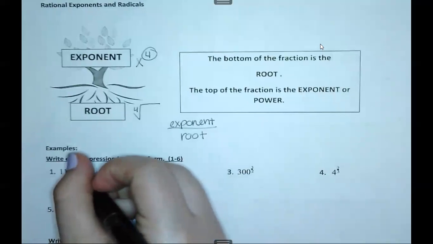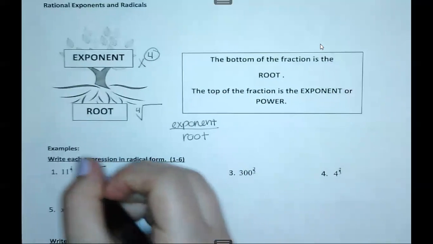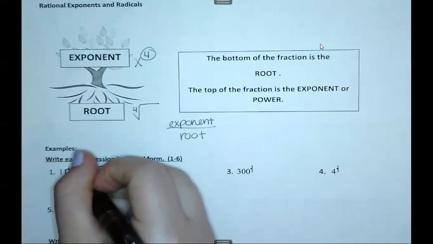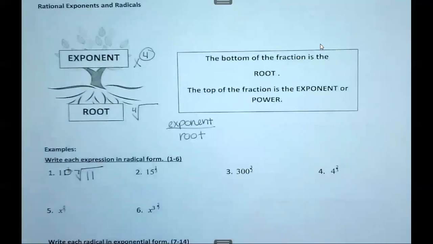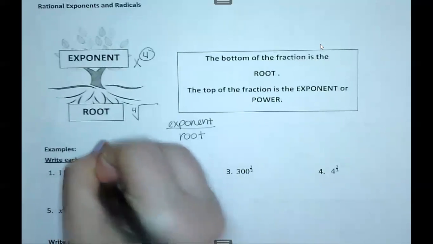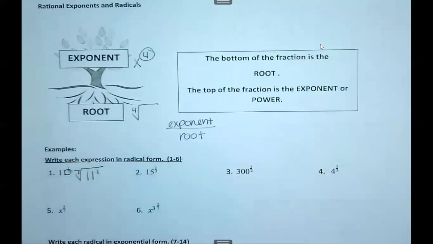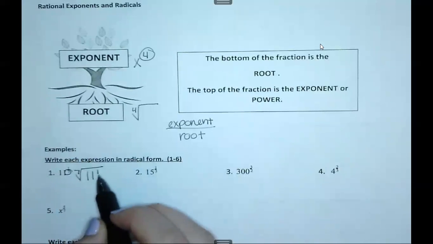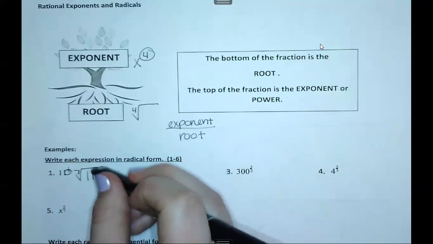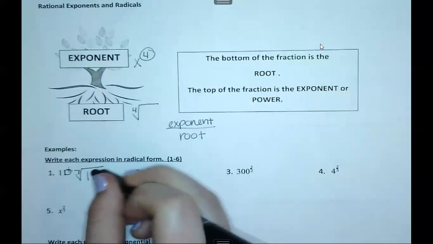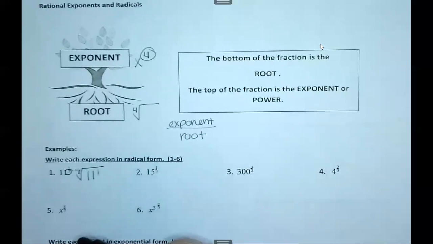So when I make my root, so the bottom is my root, I must have a root of 7, and my 11 has an exponent of 1. Because that's what we have in the top. Now remember, it's not necessary that you write this 1 here, so you could just leave it as the 7th root of 11 and just not put any exponent up there at all.